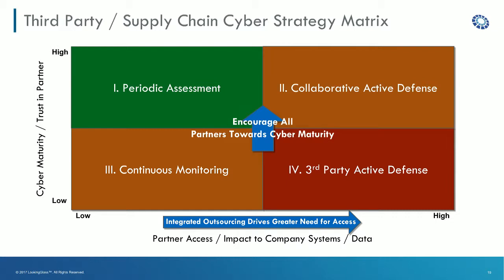Now, the less mature organization may require an approach and a response in your threat intel program that is different than, say, a more mature organization. And certainly, for an organization that has very detailed access to your networks, you may want to take a much more proactive and active defense model as part of the response and monitoring capabilities.